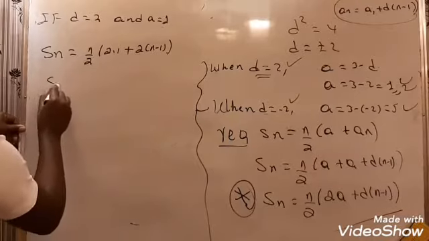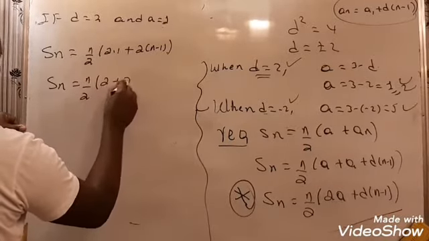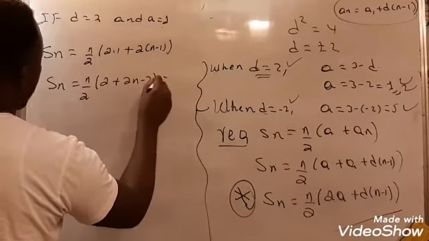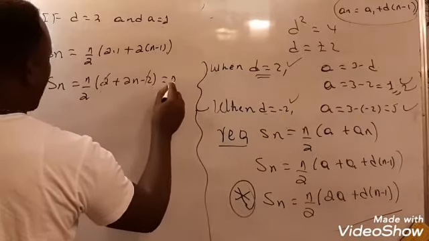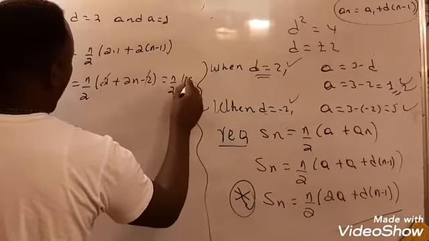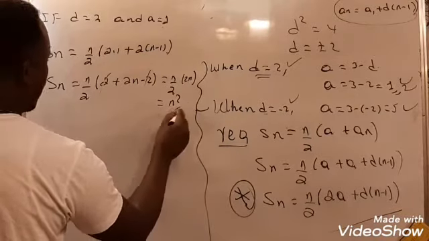So Sn is exactly n over 2 into 2 plus 2n minus 2, and the 2 and minus 2 cancel. This is automatically n over 2 into 2n, and you can cancel 2 by 2, that's n squared.